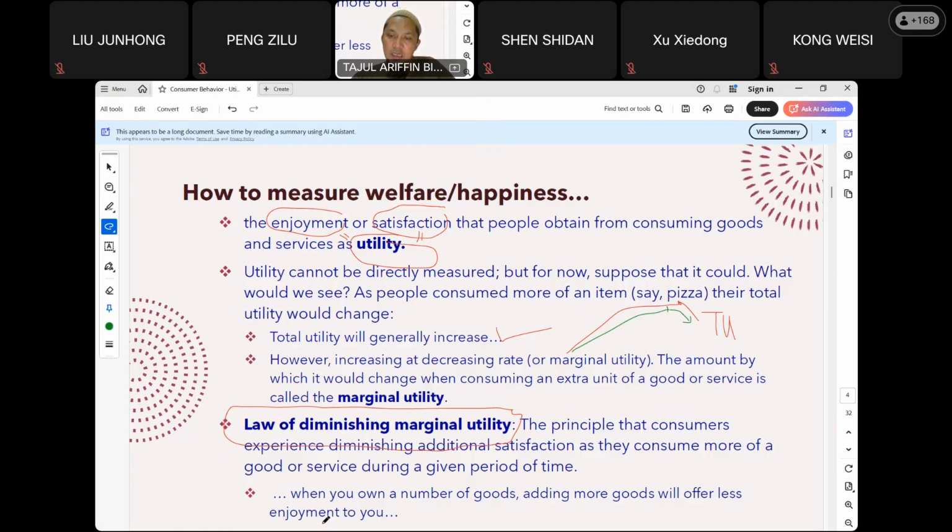Let's say when you buy the fifth pizza, the additional satisfaction created by the fifth pizza is called the marginal utility of the fifth pizza. Later you'll see in detail. Therefore, the decision on what to buy and how much to buy very much depends on this information.